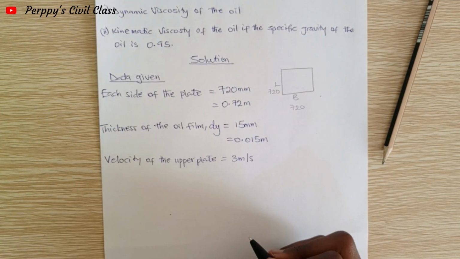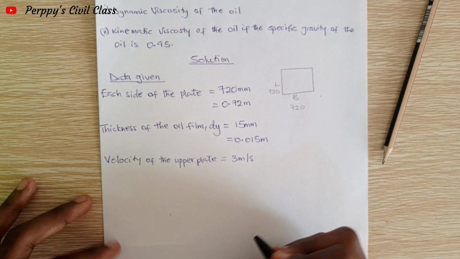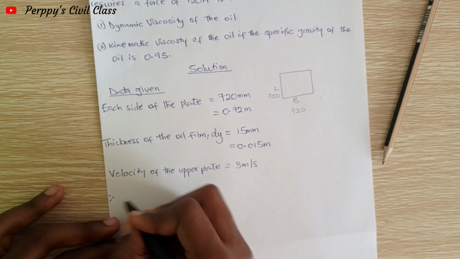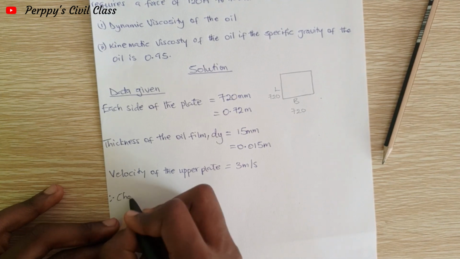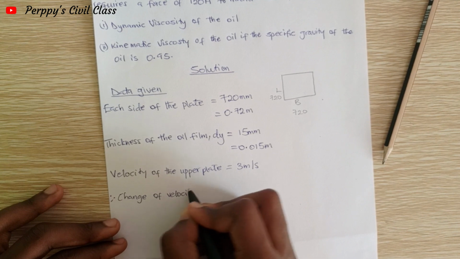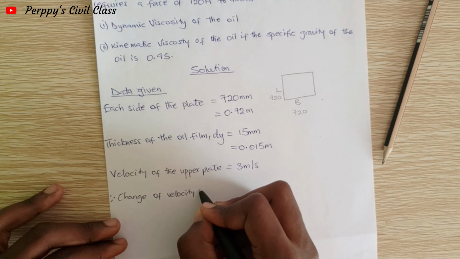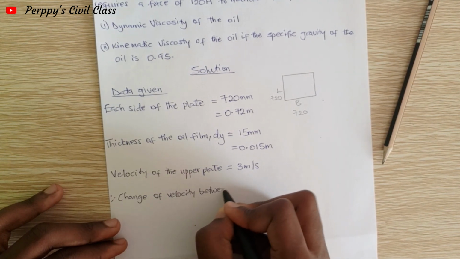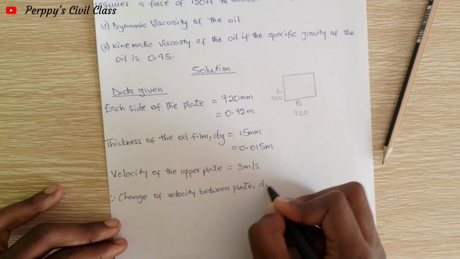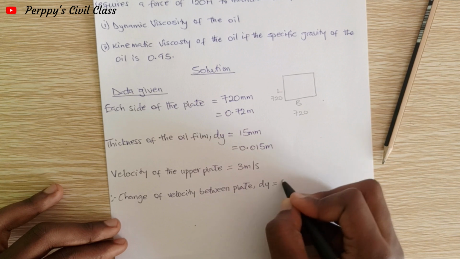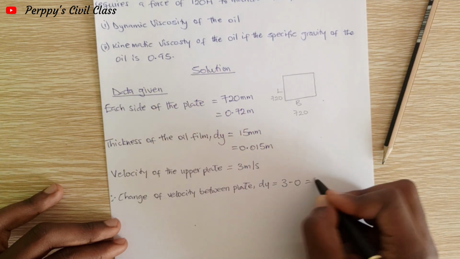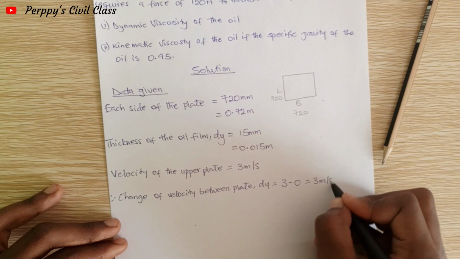Then there would be a change of velocity because it moves. The change of velocity between the plates, du, is equal to 3 minus the initial velocity, which is 0, and it's going to give us 3 meters per second.